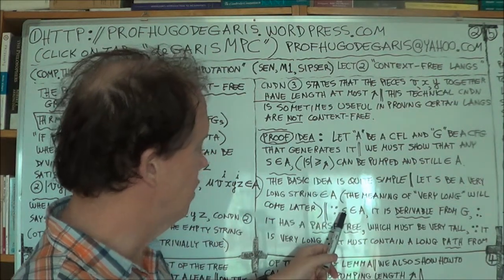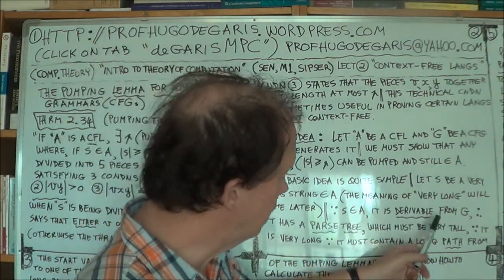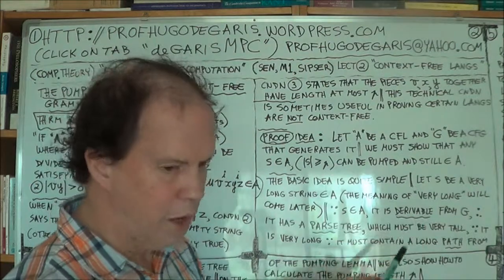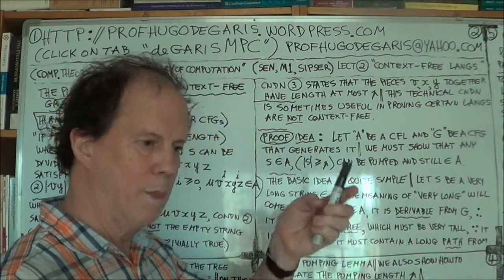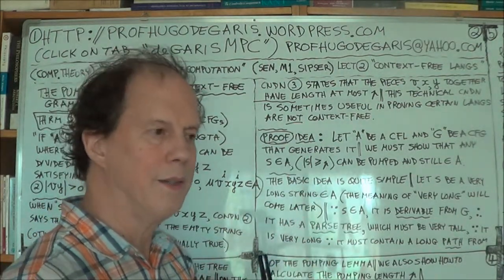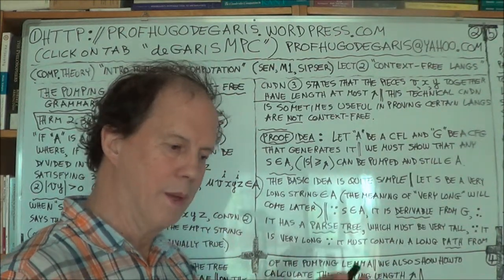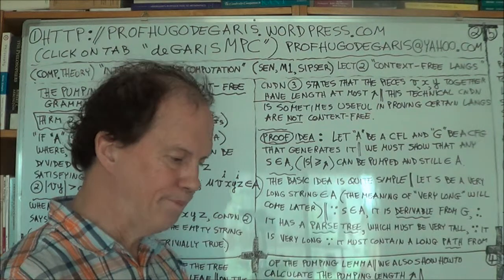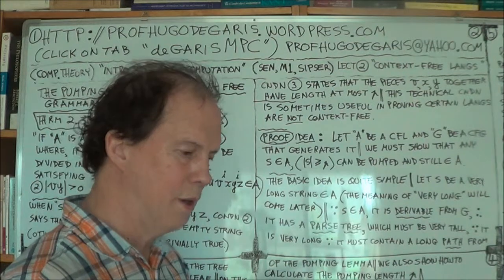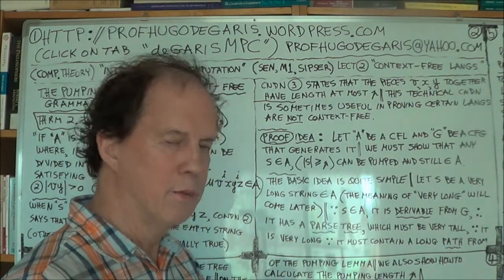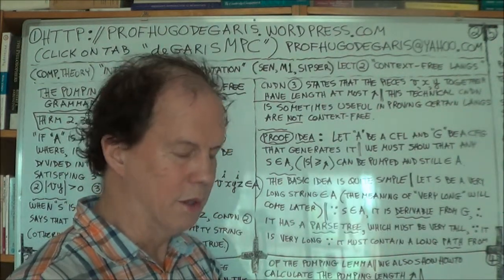So little s, which is assumed to be very long, belongs to the language, and therefore this string can be derived from the grammar. Deriving is the process where you start with a start variable, and then you replace it by the right-hand side of a substitution rule whose left-hand side matches the start variable. Then progressively you look at the intermediate string that you get after each substitution, and you replace a variable in that string by the right-hand side of some other substitution rule.